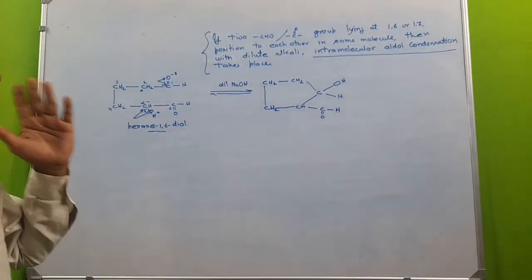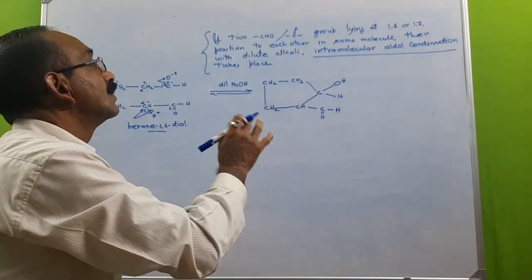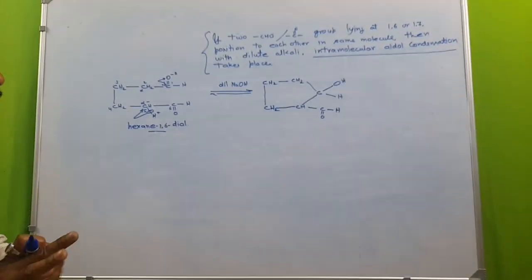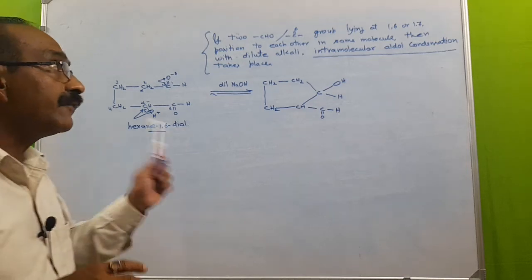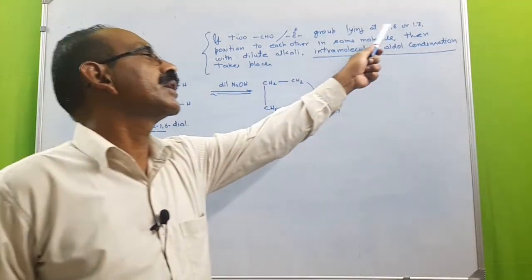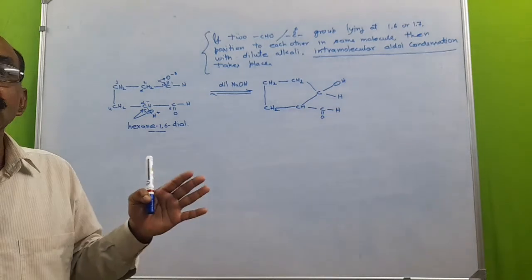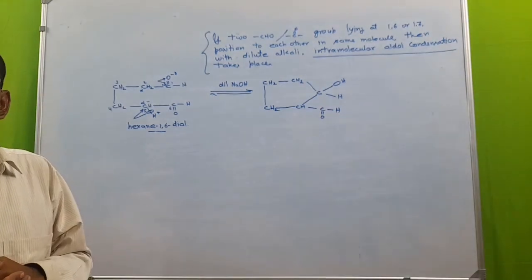So the situation is that intramolecular aldol condensation may also occur, but only on one condition: if within the same molecule the 2 aldehydic or 2 ketonic groups are lying at position 1,6 to one another.